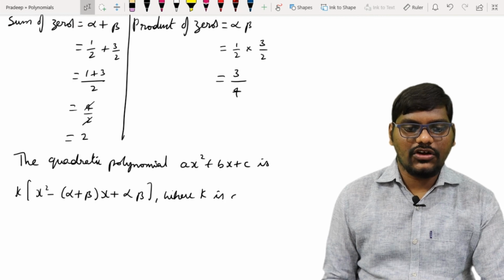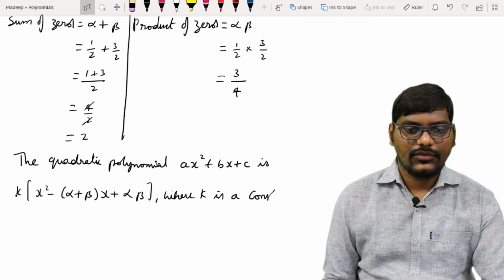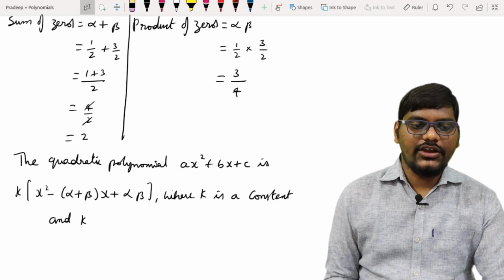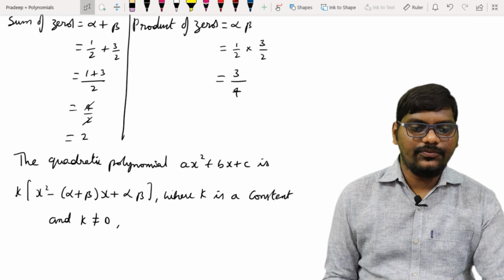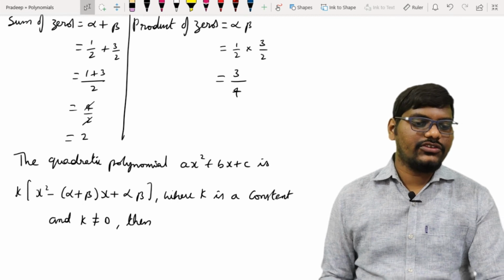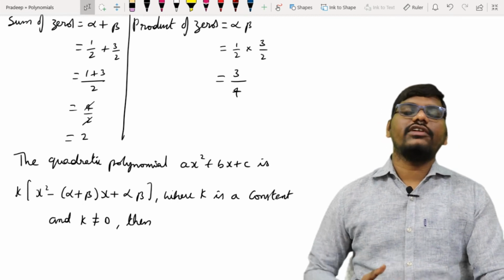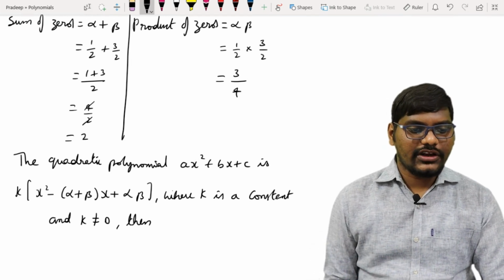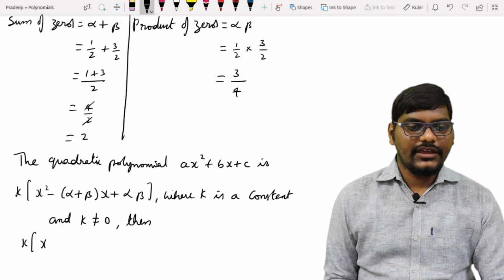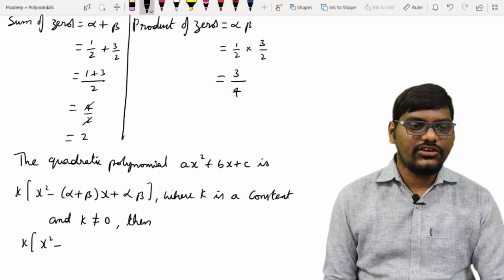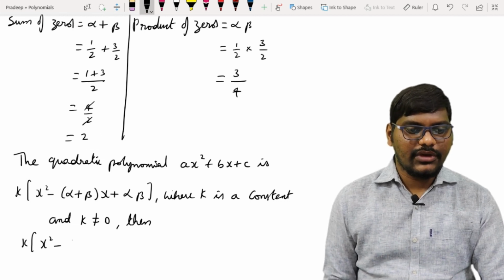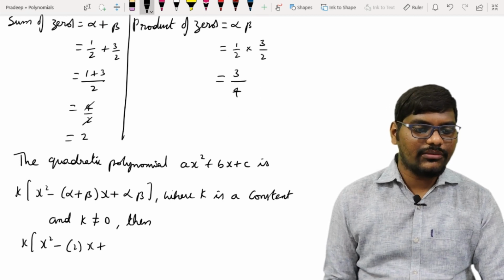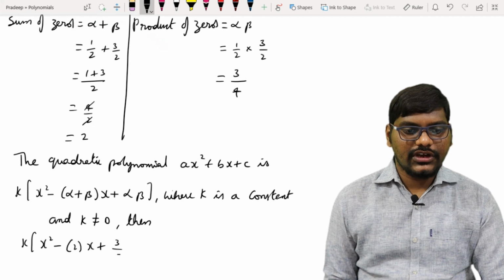So k is a constant, right, and k is also not equal to 0. So in the above equation we'll just substitute the sum and product of the values. So I can write here k into x square minus sum is how much? It is 2, so we can write minus of 2x. The product is 3 by 4, that also we'll substitute over here. So this is 3 by 4.